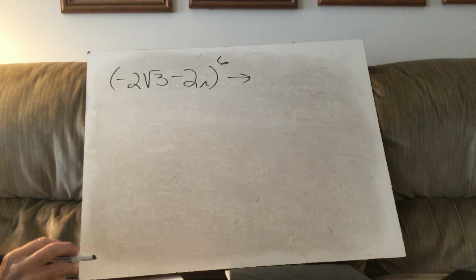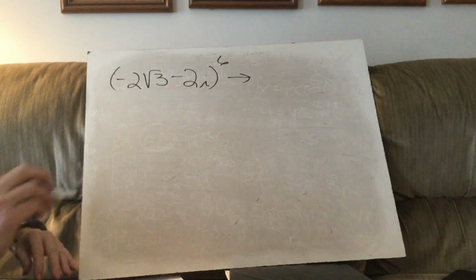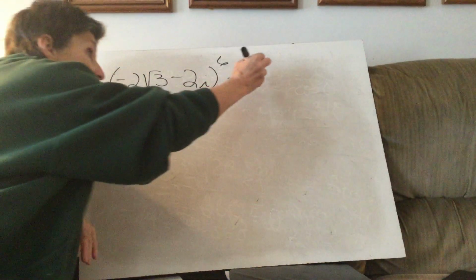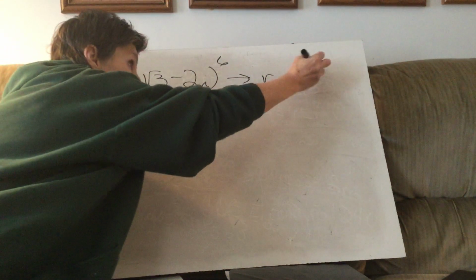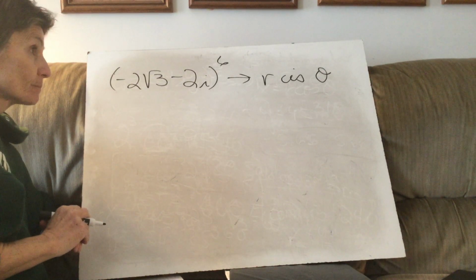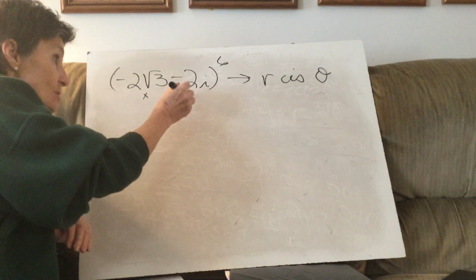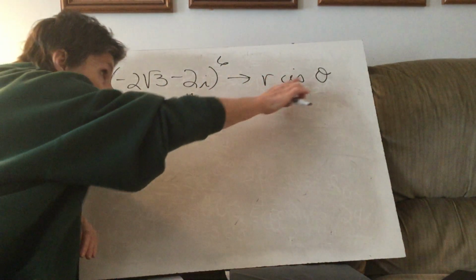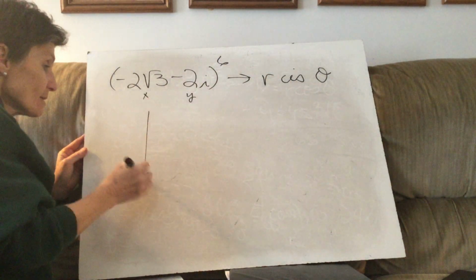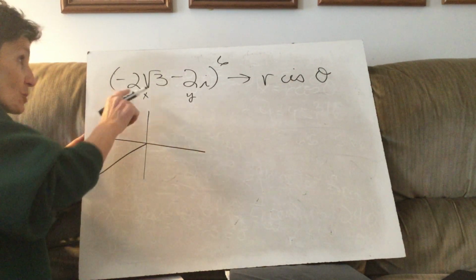So the first thing we're going to do is change this guy into polar form, r cis theta. So that means this is x, this is y. We have to find r and theta. So we'll draw ourselves a little picture. Now pay attention to the signs.